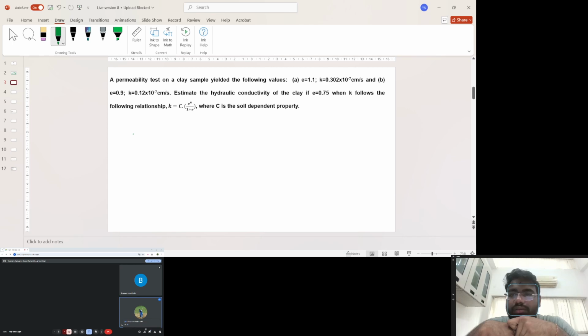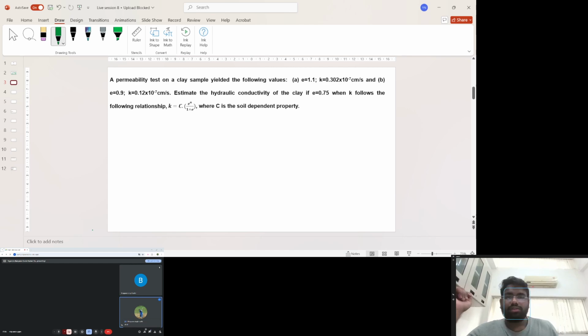And for another compaction condition, void ratio of 0.9 and hydraulic conductivity of 0.12 into 10 power minus 7 centimeter per second. Estimate the hydraulic conductivity of the clay if the void ratio is 0.75 when K follows the following relationships.